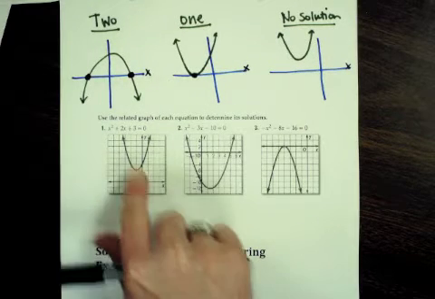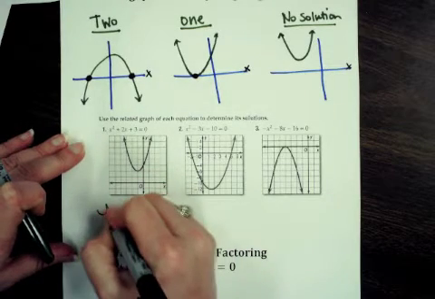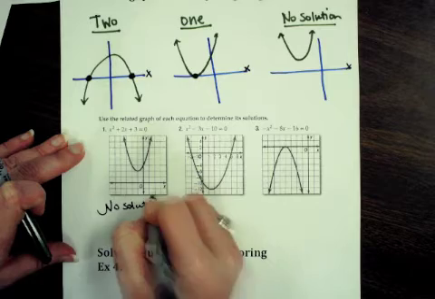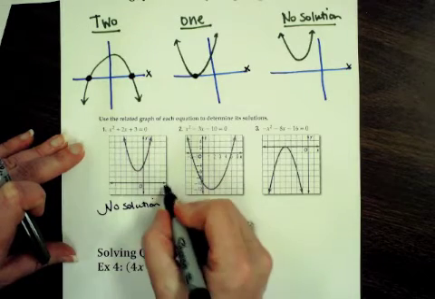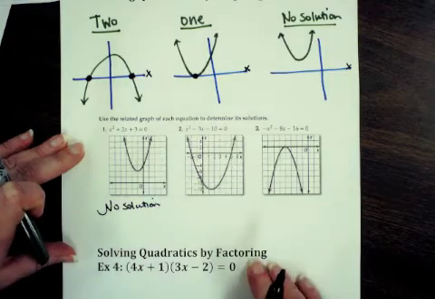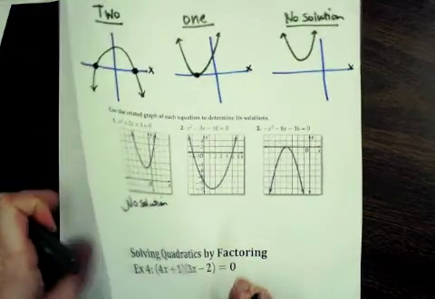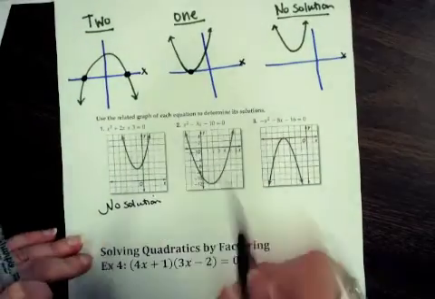Okay, hopefully you identified number 1, there is no solution, because we never cross the x-axis. Again, we're not looking at the y-axis, only the x-axis. Number 2, we have two solutions.